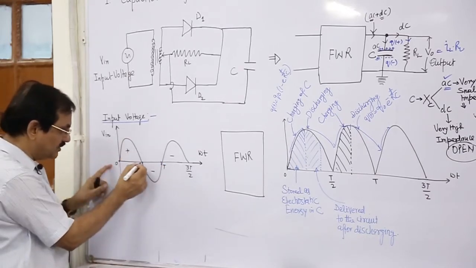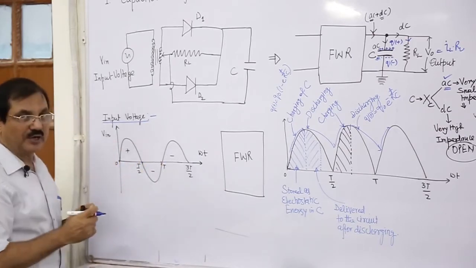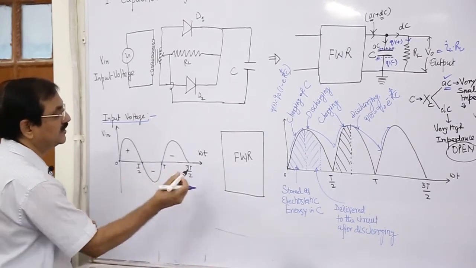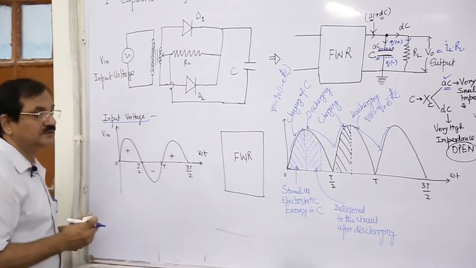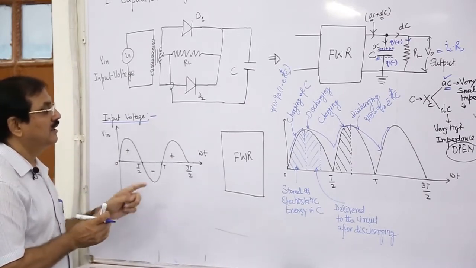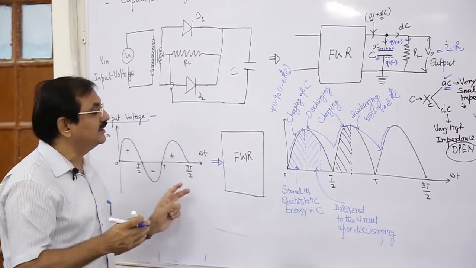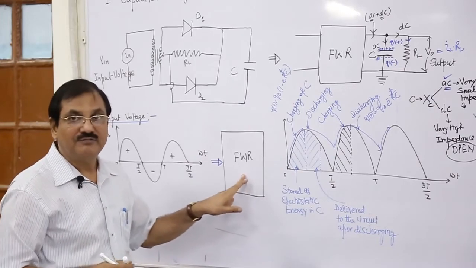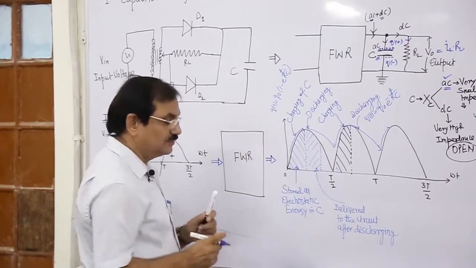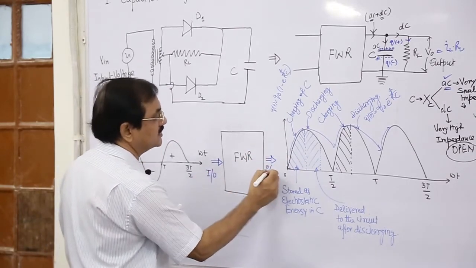So 0 to this point is positive and from this point to this point is negative, and again from T to 3T by 2 is positive. This is given as the input of the FWR, and this is the output.